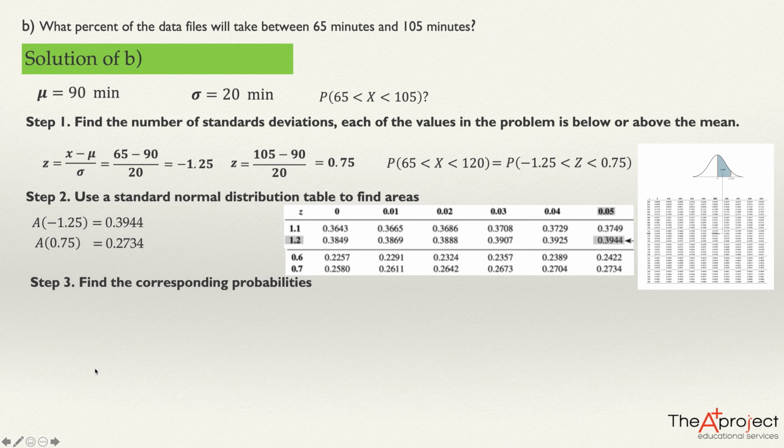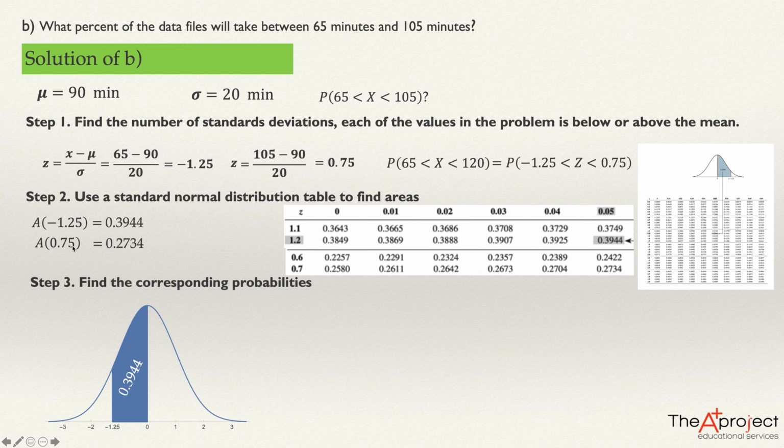The area that this table gives me is always the area between the number and 0. So this is the area that I got so far, 0.3944.